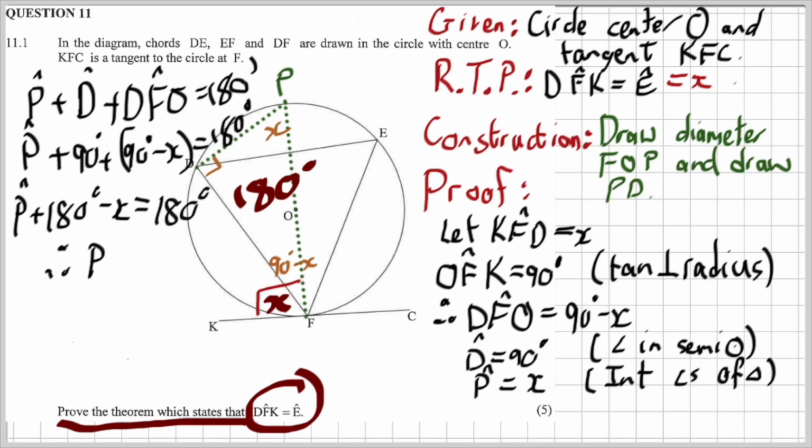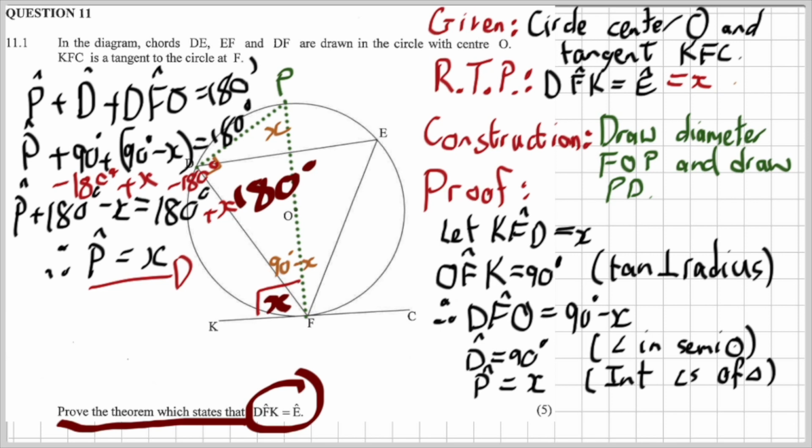Therefore, if I solve for angle P, the answer is x. Again, because I'm going to subtract 180 there and add x, and I'm going to do the same on the right, so I'm going to subtract 180 and add x. So this means angle P is x.